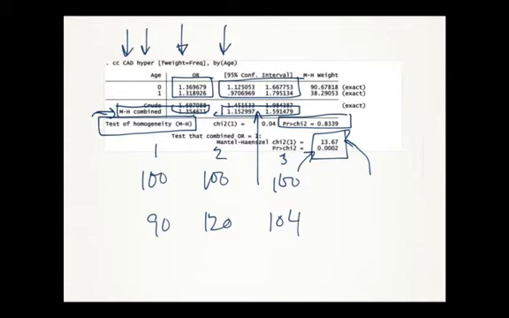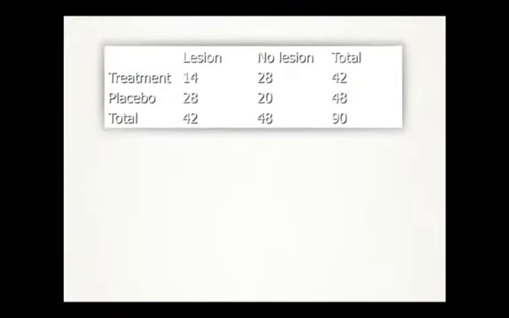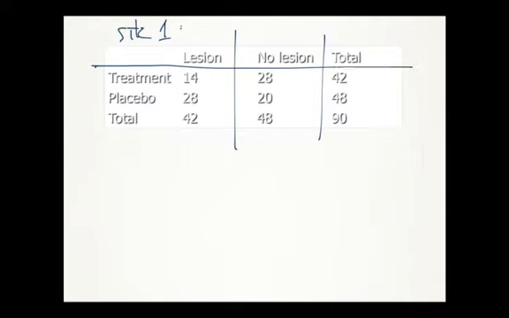Okay, so let's take a look at what our 2x2 table would look like for site 1. Remember, we have these 3 different sites. So here's site 1, and we're looking at treatment versus placebo, and whether people developed lesions or not.